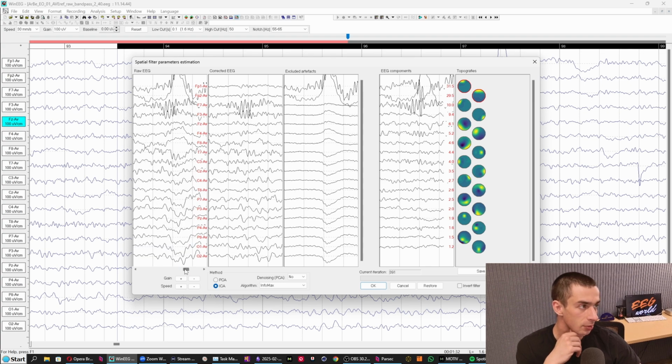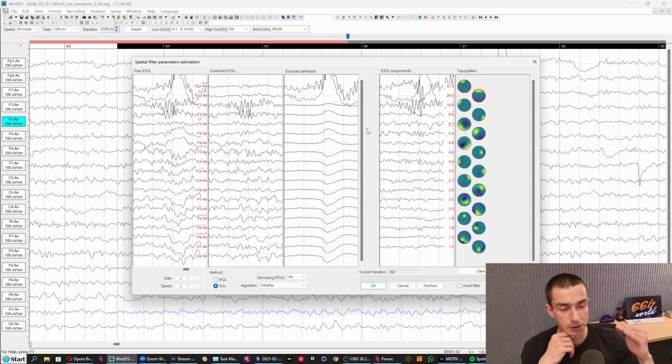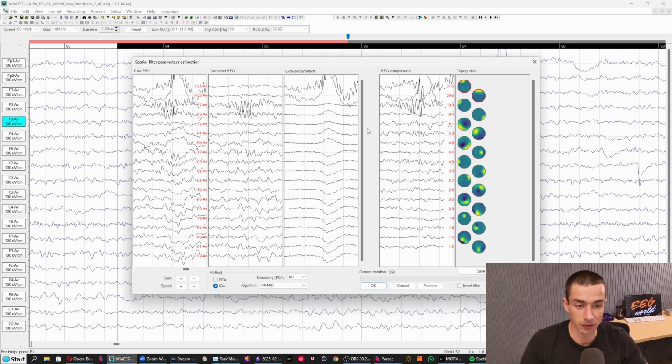Another challenge with this platform as it currently is the amount of 60 hertz line noise that is coming in from the room. So actually, even prior to importing this data into WinEEG, in EEG Lab, you can see that I did a band pass of 2 to 40, which means we've removed that line noise, but also reduced our capacity to eliminate the muscle tension, which includes a decent amount of higher frequency components from this data set using ICA.